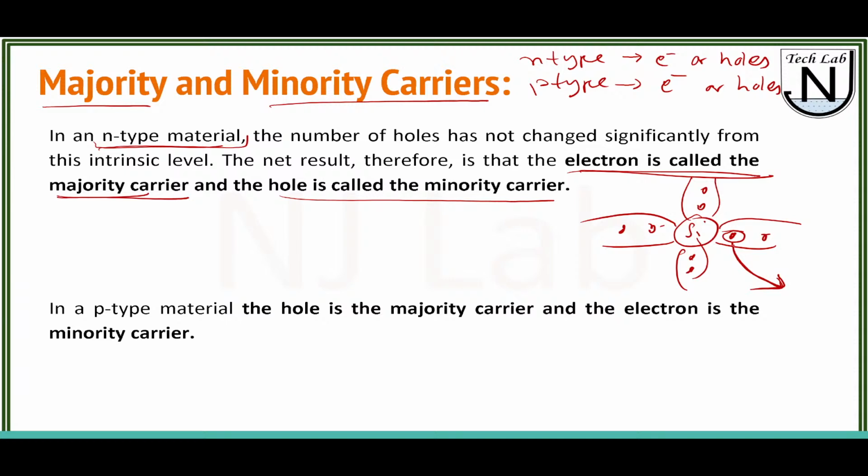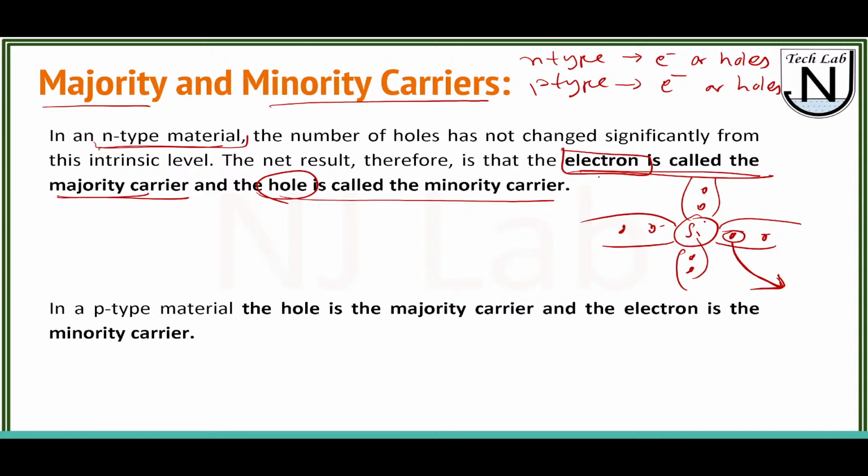So due to external energy, we may have holes as well as electrons in the intrinsic material also, right? So in the n type, we will not have only electrons, we may also have holes. But apart from the number of electrons and holes present in the intrinsic, pure semiconductor, by adding the impurity we increase the number of electrons.